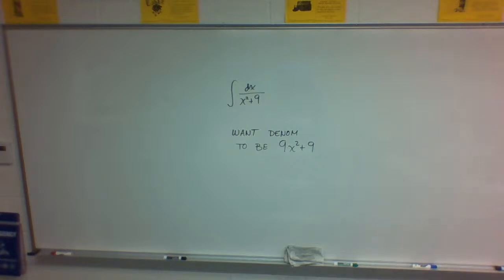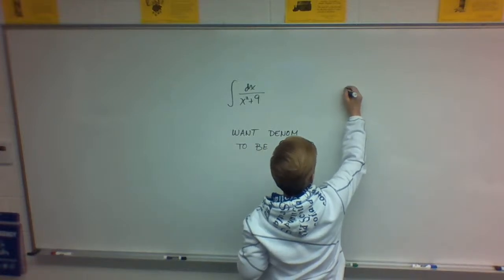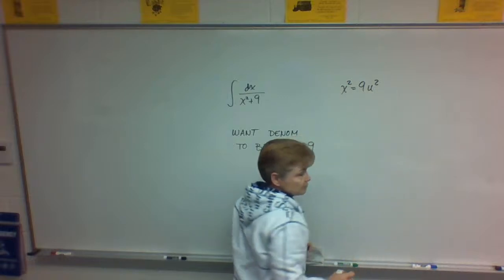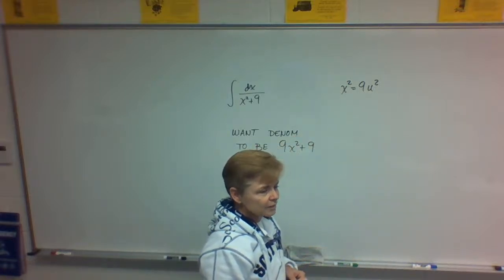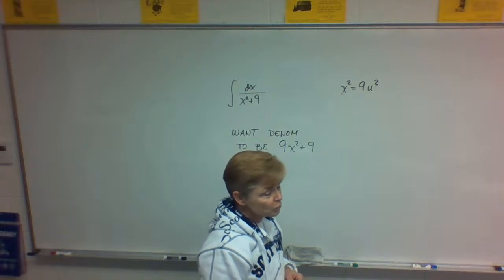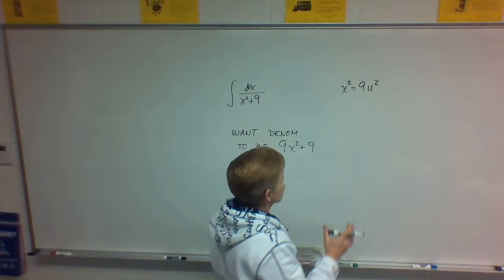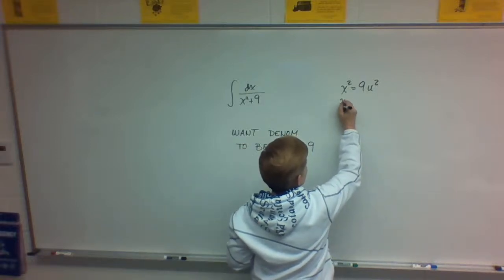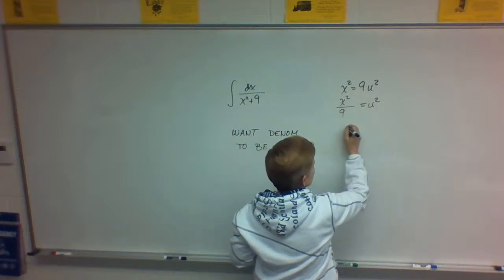So write down what you really wish you could have here, which is x squared equals 9u squared. Solve it so you can tell what you want u to be. It's x squared over 9 equals u squared. So u is x over 3.